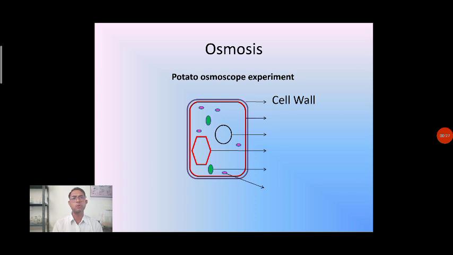Now, the process of osmosis was studied by the experiment that we call the potato osmoscope experiment. In this experiment, we need to use a potato, and that's why it is named potato osmoscope. What we need to do in this experiment is use the potato to see the transportation of molecules in the process known as osmosis.